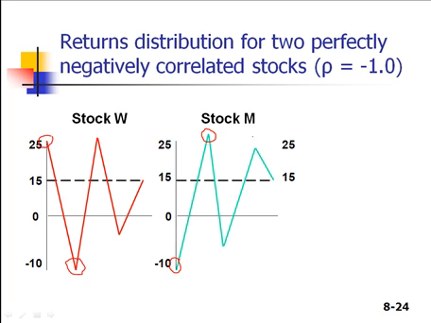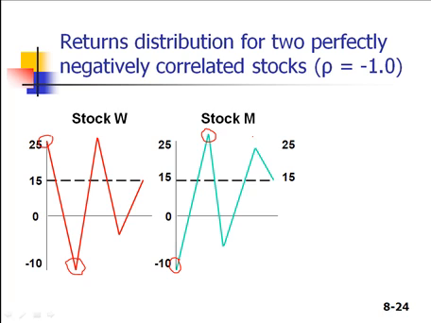And it turns out that if you combine two investments like this in just the right proportions, that is, you select the right amount of money to put in one versus the other, then guess what will happen with the portfolio? This is actually pretty amazing.